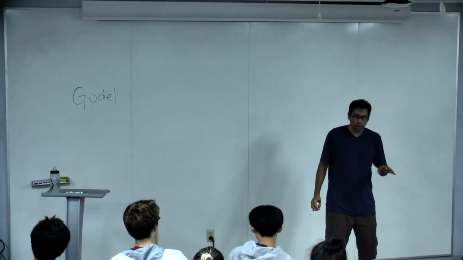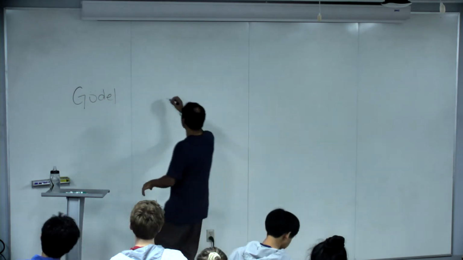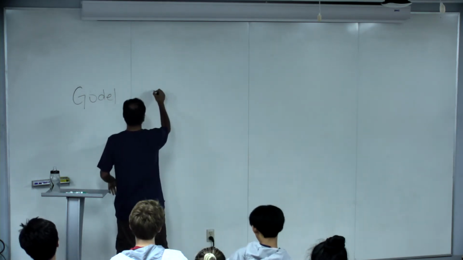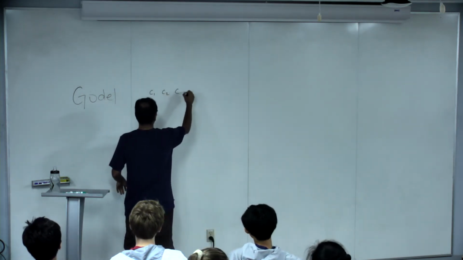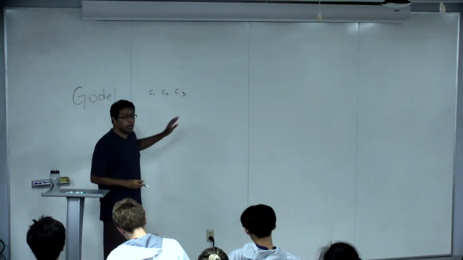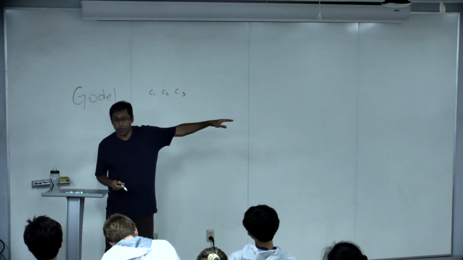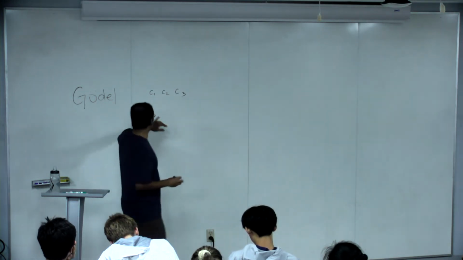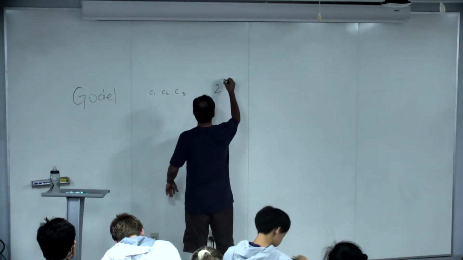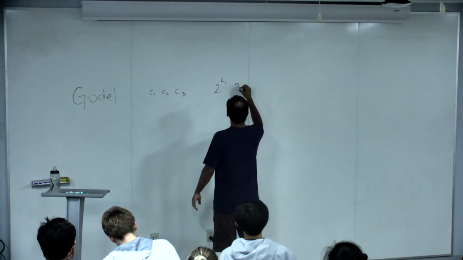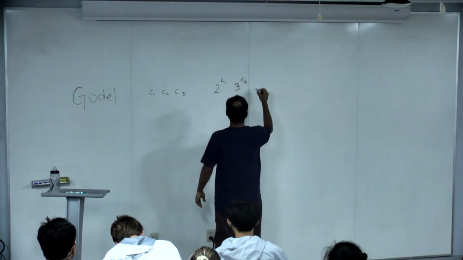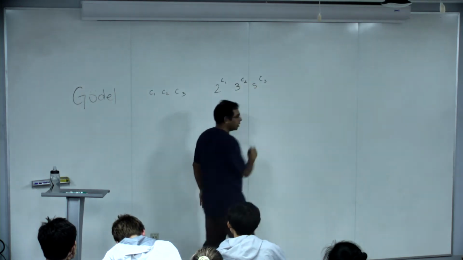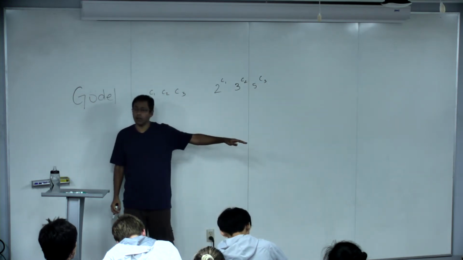So we've turned it into code point 1, code point 2, code point 3, and so on. And we need to turn this into a number. So what Gödel said is, here's what we could do. We could take 2 to the power of C1, 3 to the power of C2, 5 to the power of C3, and so on.